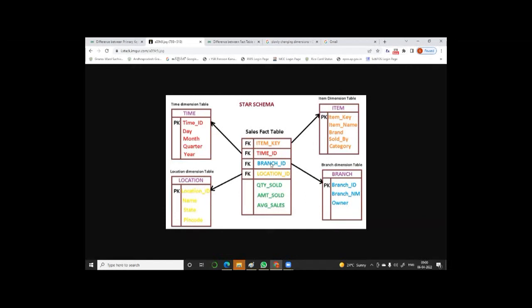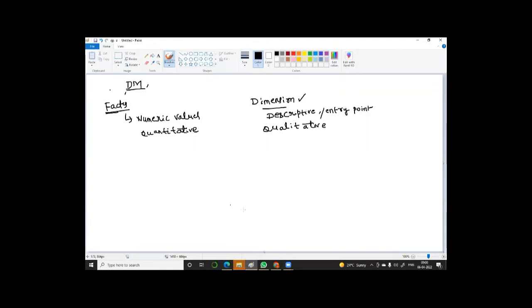So that's why it is a centralized concept. Fact is a centralized one in the schema. So this is one type of schema, but I will explain schemas now. Hope it is clear. Yeah, got it.